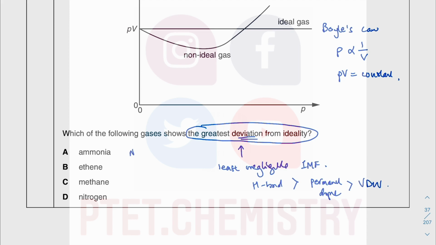So when you have NH3, I talk in my other tutorial videos on structure and bonding about how you can get hydrogen bonding between ammonia molecules, as you would have learned in your case study of NH3 versus H2O versus HF, which is in every pre-university chemistry course, especially A-level.